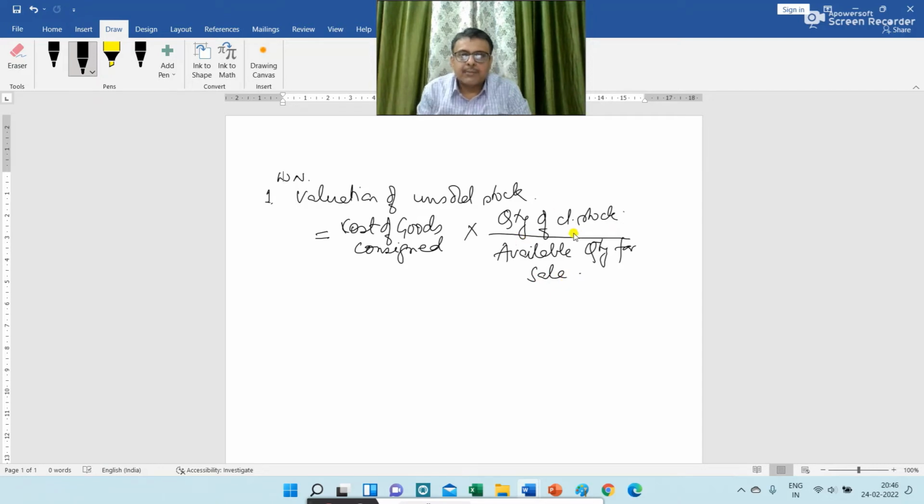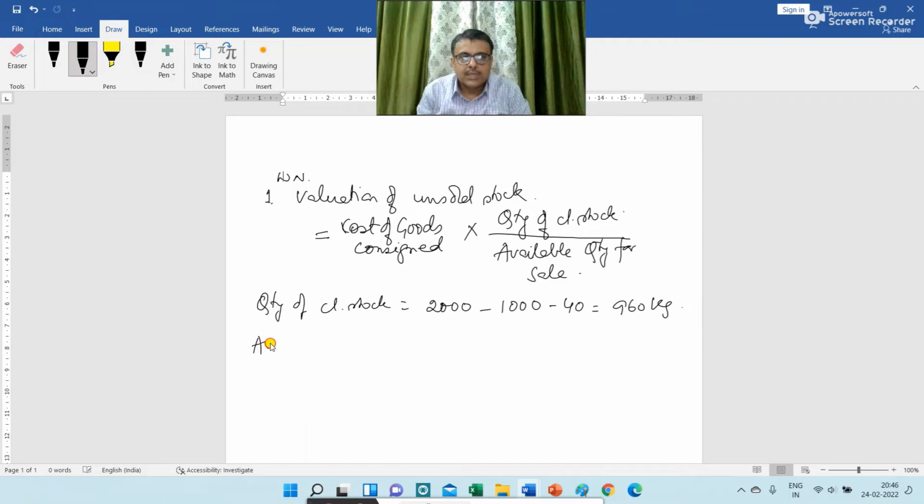So there are 3 parameters, and the quantity of closing stock you can easily calculate. Quantity of closing stock: 2000 kg was sent on consignment. Now there was a sale of 1000 kg of chemical and there was a shortage of 40 kg. So 960 kg is the quantity of closing stock.